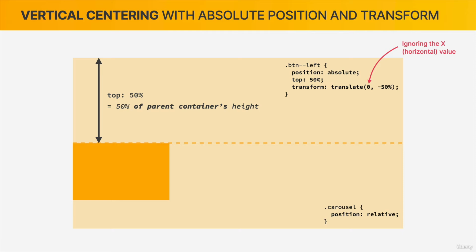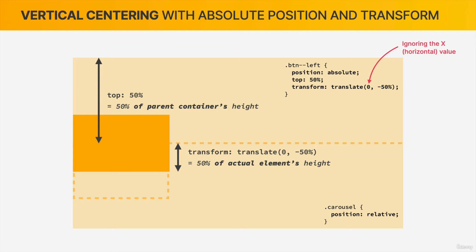Now, here we can specify the x value, which is basically horizontally, and the y value, which is the second one, and so that is vertically. And in this example, I set that to minus 50%. And why minus 50? Well, because that will basically move the element exactly 50% of its height back to the top.